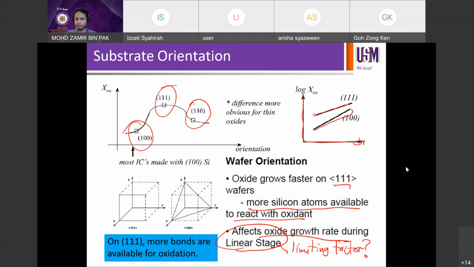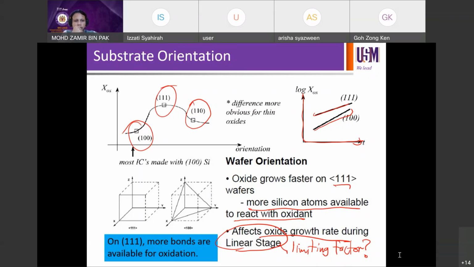Silicon. Okay, elaborate a little bit. Silicon, what do you mean by silicon? Yes, it is around silicon, but elaborate a little bit. What is it about silicon? The first stage. Oxidant transport is the second stage, right?